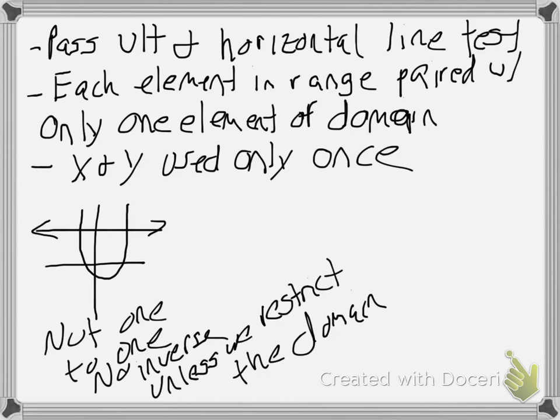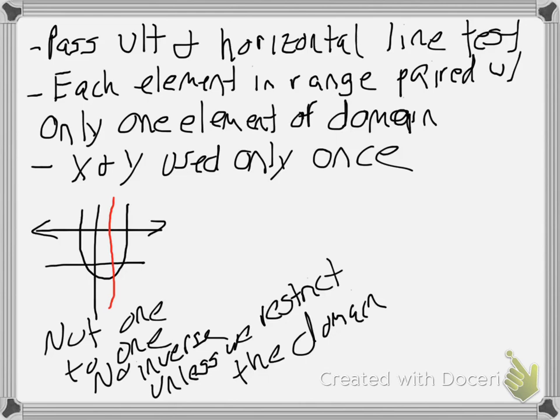For example, if we said all x is greater than my vertex, everything from the vertex to the right, then this would be a one-to-one function. But again, we have restricted our domain.